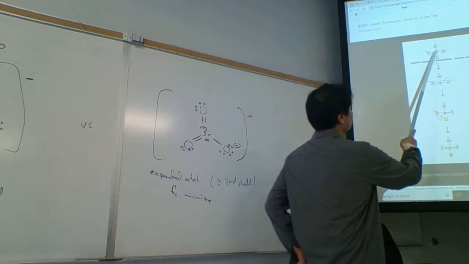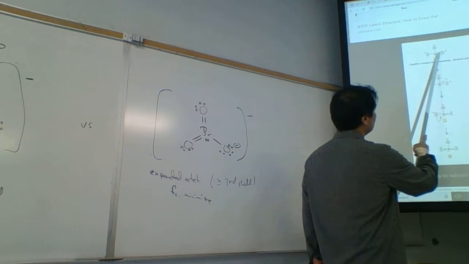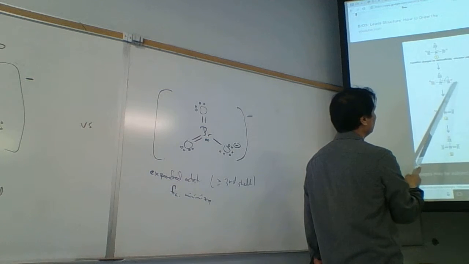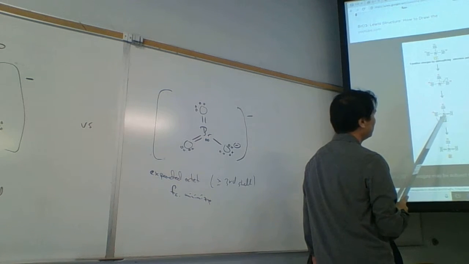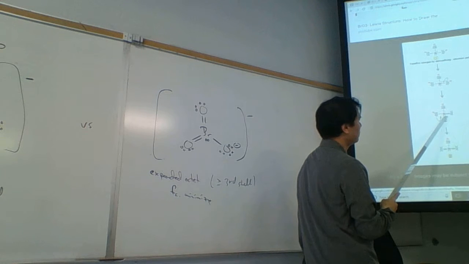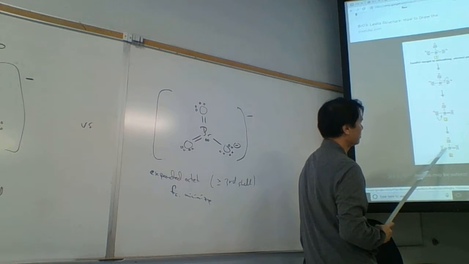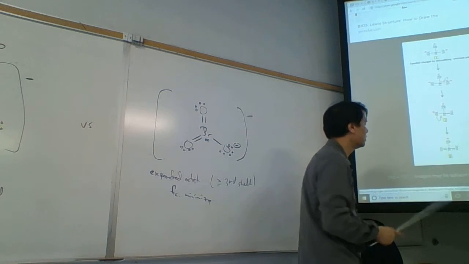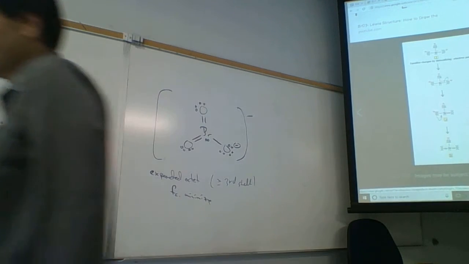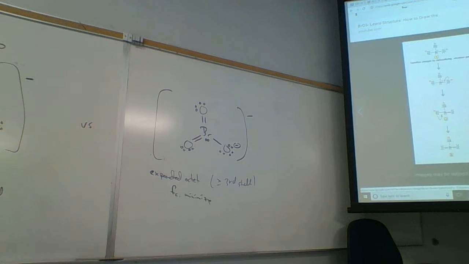So if we leave it as an octet like this, there's a +2 formal charge on bromine, which is kind of high. If we make 1 bond, then that goes from +2 to +1. This is still +1. We can form another one that brings it to 0, 0, 0, 0, and then -1 there. So this is showing why 2 double bonds might be good.